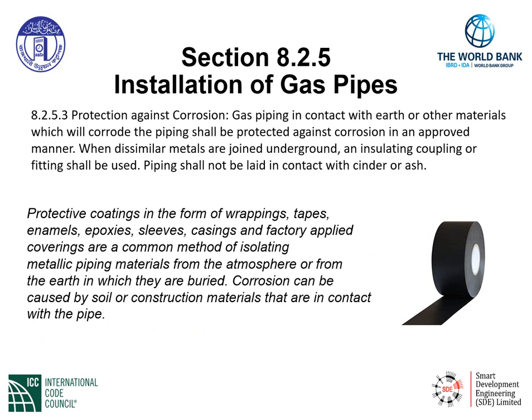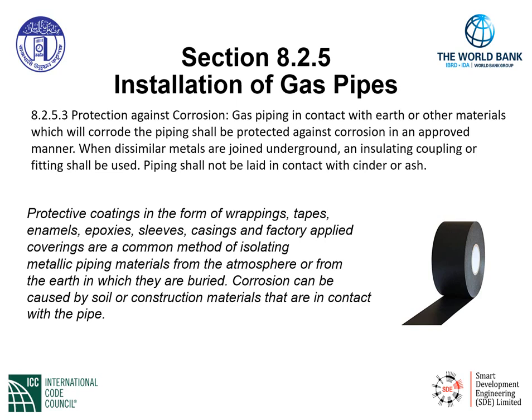Protection against corrosion. Whenever we have gas piping, ladies and gentlemen, in contact with the earth or other materials that will corrode the piping, we need to protect it in an approved manner. There are plenty of materials out there to protect gas piping systems. However, the very last sentence of section 8.2.5.3 tells us the following: when dissimilar metals are joined underground, an insulating coupling or fitting shall be used.